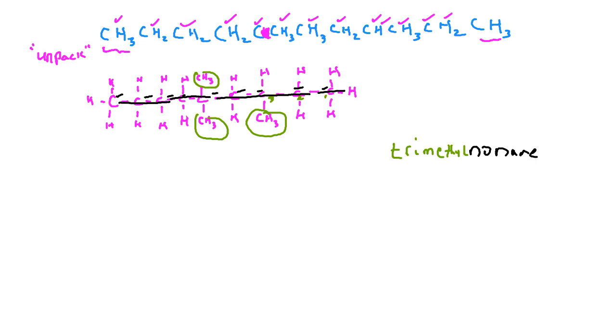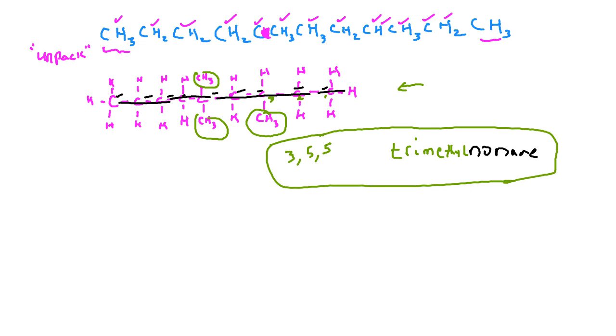It's 5, 5, 7, 7. So I think I count left to right, right? So that gave me a 3, 5, 5 trimethyl nonane. I think that's the name of that one. Wow, that's really something.